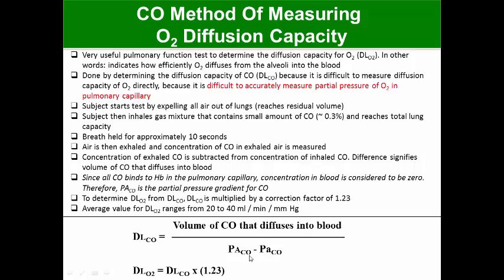It's negligible. So we divide by the partial pressure of carbon monoxide in the alveolar air, which we can measure very easily. Now, to calculate the diffusion capacity for oxygen, all we do is multiply the diffusion capacity for carbon monoxide by 1.23.